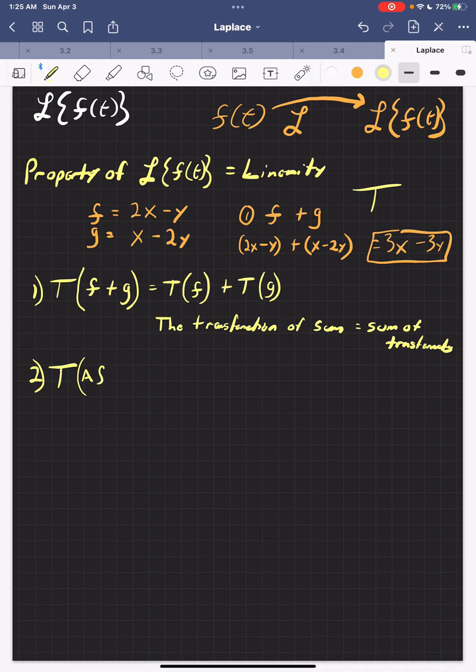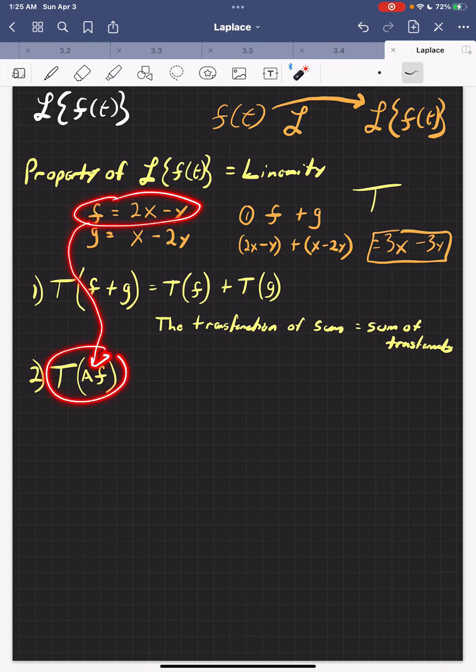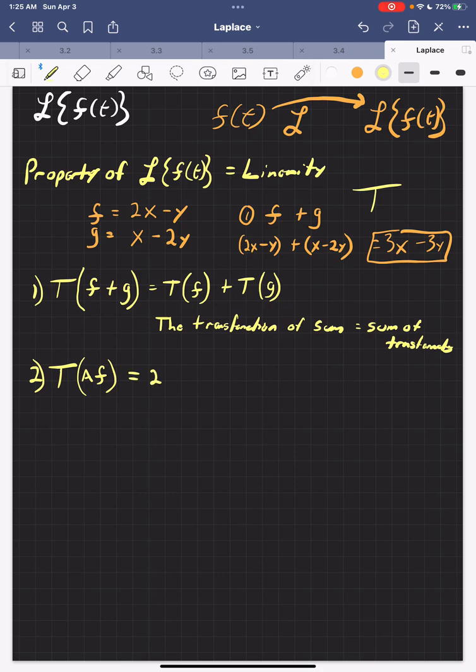So this property says, look, if you take, let's say, f, and you scale it, say double it, and then transform what's left, you would have got the same thing if you would have first transformed f and then scaled it. So it doesn't matter if you scale first, then transform, or if you transform first and then scale. I used a 2 here.